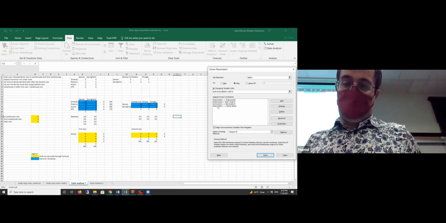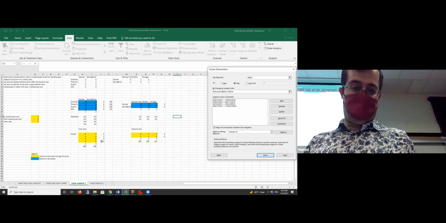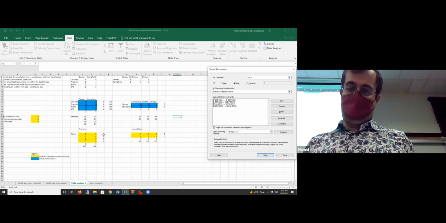Next one, J16 to J19 should be less than or equal to K16, K19. This one is also very intuitive.